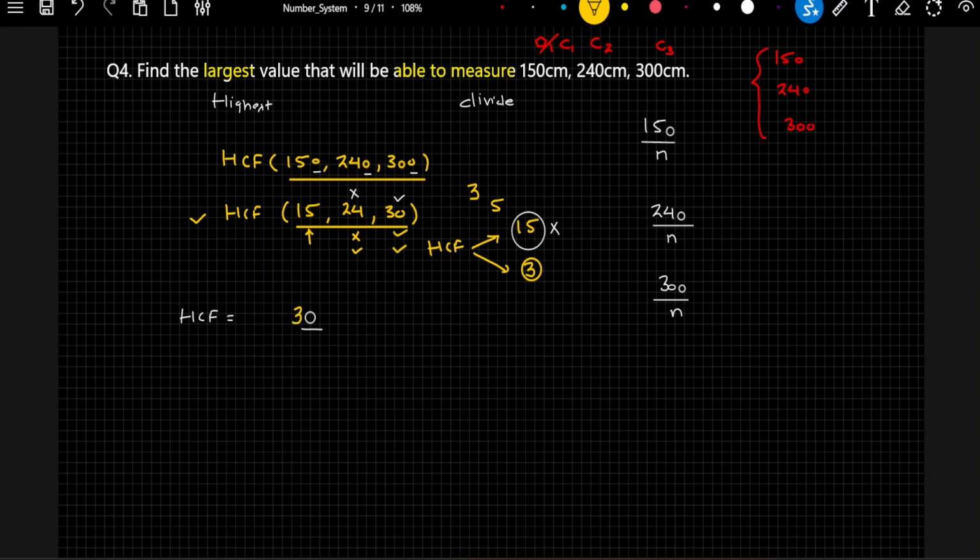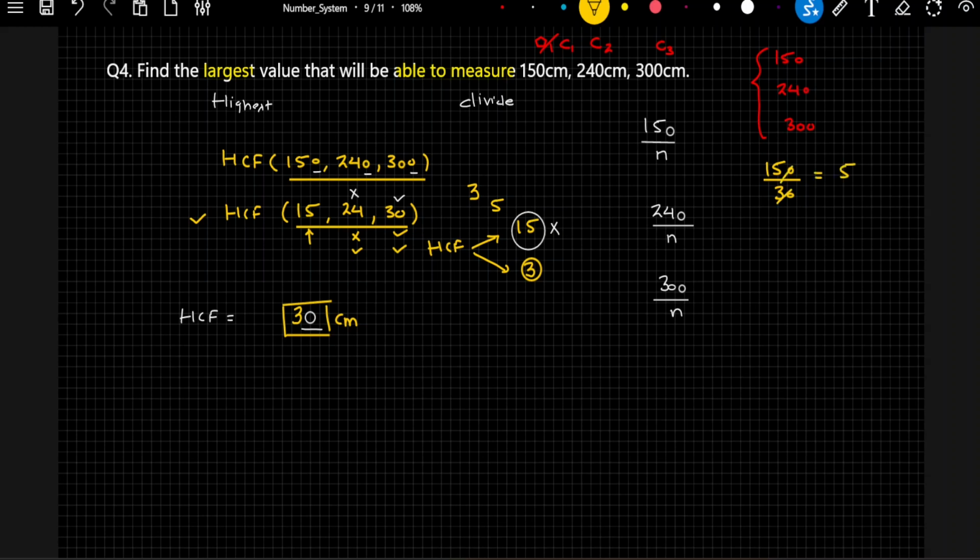But as you know, the answer to your question will end with 0, so the complete answer is going to be 30. What we are trying to say is that 30 centimeter is the value of scale which can measure the three different lengths completely. Although I have to use this scale multiple times: to measure 150 centimeter using a 30 centimeter scale, I need to use it 5 times.